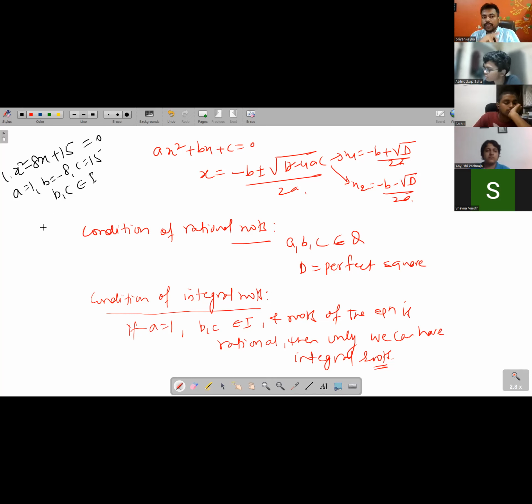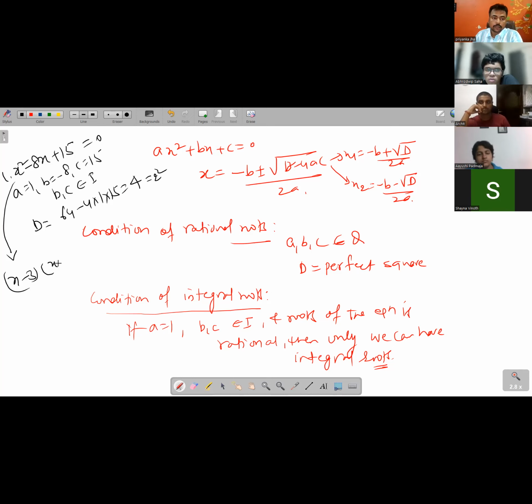A has to be 1, b and c have to be integers, and then the roots must be rational. If the roots are rational, then those roots will definitely be integers. It means that the discriminant has to be a perfect square. So find the discriminant, that is b square minus 4ac. This is a perfect square. So we can say that we have integral roots. You can see x minus 3, x minus 5 equal to 0. So x is 3 and 5. These are integral roots, right?